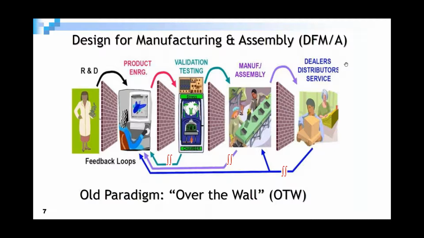But other feedback loops are sorely lacking. And one of the things I've worked on over and over is to try to capture manufacturing and assembly wisdom and bring it back to make it available for the design engineers, people like that.